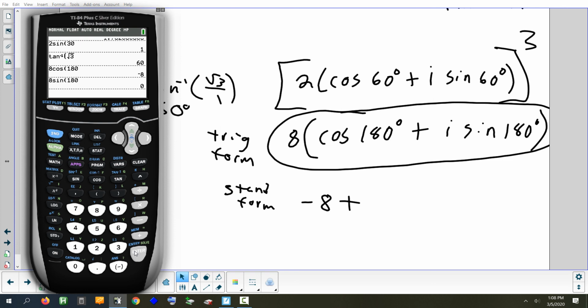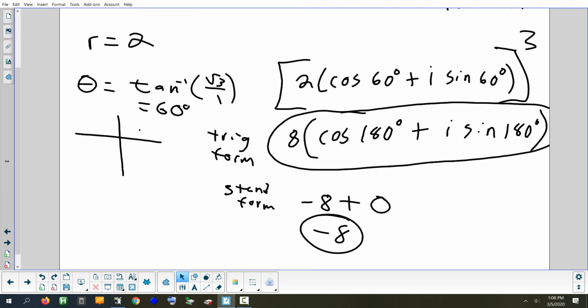So what's 0i times 8? Just 0. So that's the answer in standard form. What was cosine 180 again? Negative 1. It's 8 times negative 1.